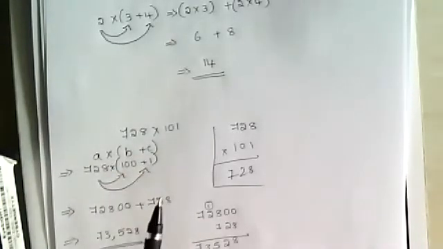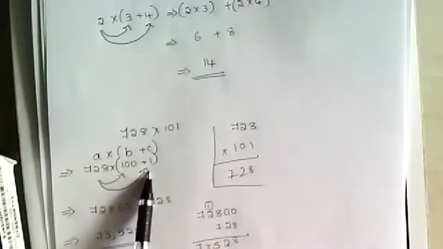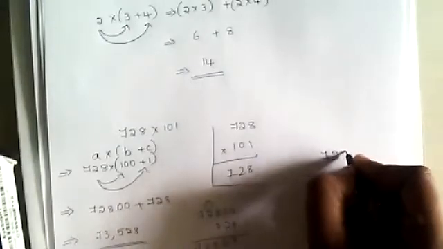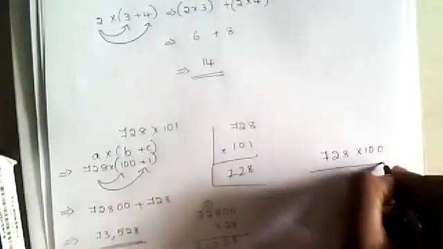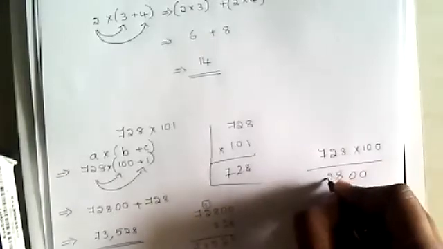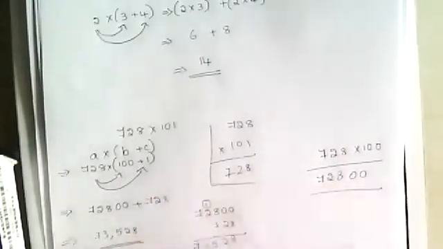Okay, Akfa? Understand this? 100 plus 1. So now I will multiply 728 into 100: 2 zeros as it is, 1 8s are 8, 1 2s are 2, 1 7s are 7.